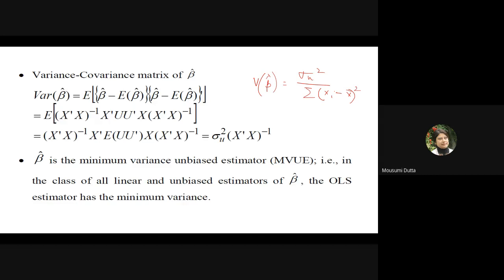So that I am putting in the note. The proof you did in case of two variable analysis. So you have the idea how we can compare two unbiased estimators and we can prove that one which is derived on the basis of OLS gives us the minimum variance. Okay, so this completes the analysis on beta hat.